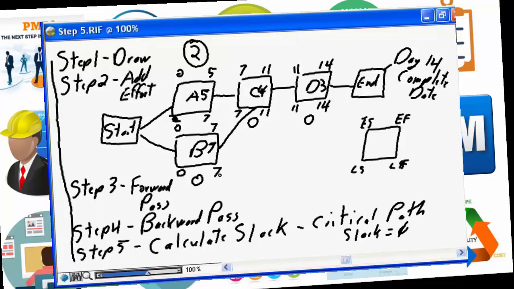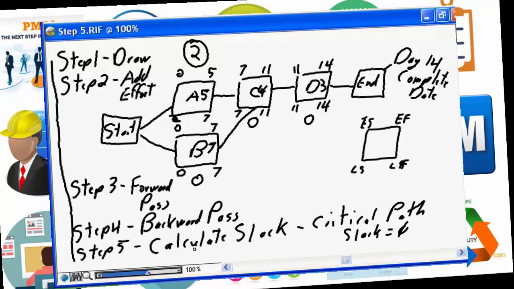Step 4, you calculate your backwards pass, working from the end of the project back towards the front. You determine what the last possible day the task can finish on to allow you to still meet your project completion date, and therefore you're able to calculate the late start date. You work backwards, and you do your backwards pass all the way back to the start of the project across all networks, all dependency chains in your diagram.